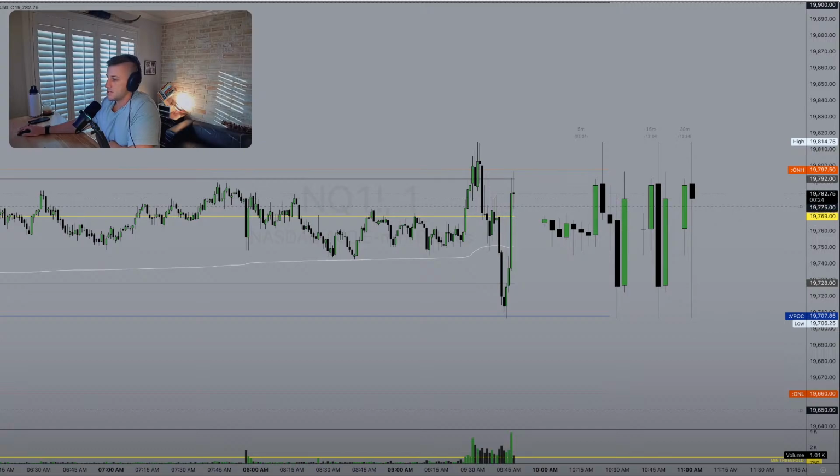See how this area is going to be treated once again. 775. Overnight high zone. Tape bomb or not, price respects the technicals. Gotta love it. Every single time.